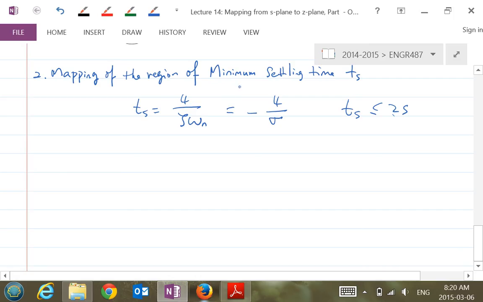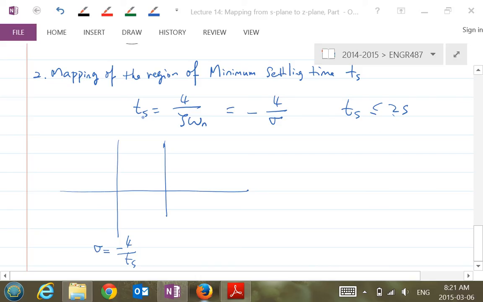If you translate this into the graph, sigma is a constant again. So here's a sigma, and your sigma is equal to negative 4 over Ts.